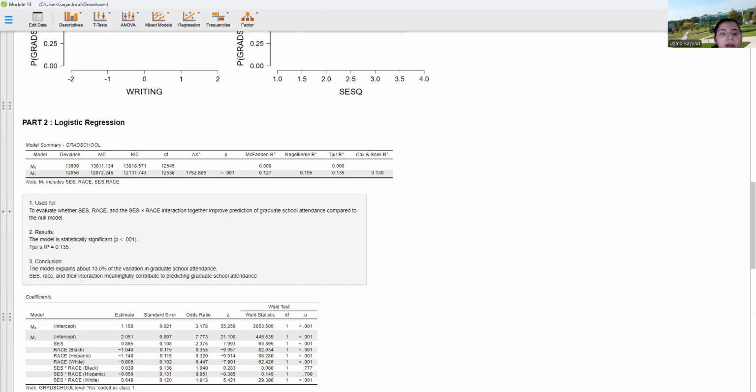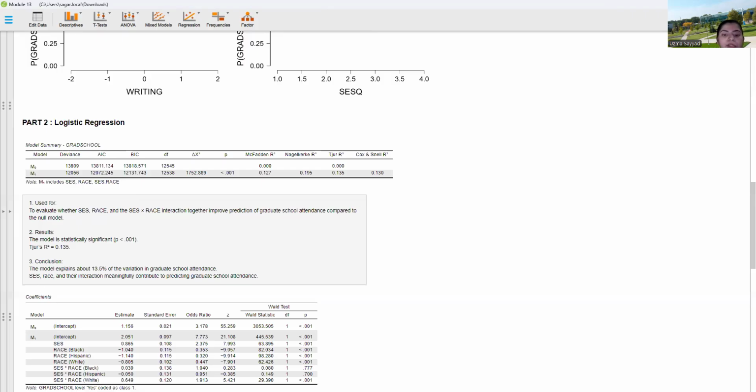Part 2 expands the analysis by examining race, socioeconomic status, and whether the effect of SES differs across racial groups using an interaction term. Race is included as a categorical variable with Asian students used as the reference group.